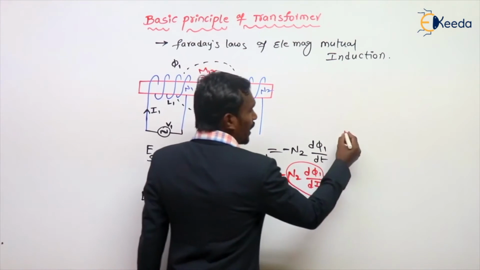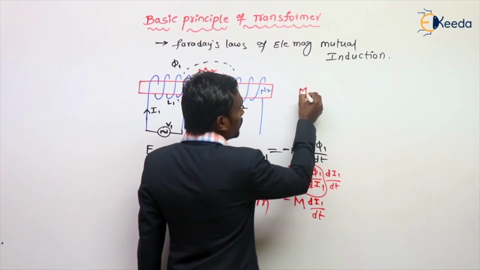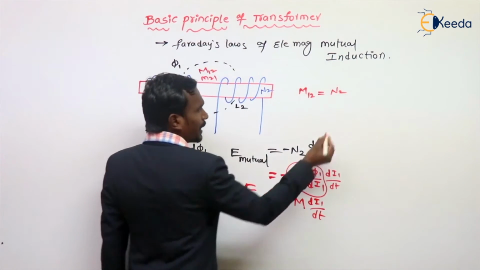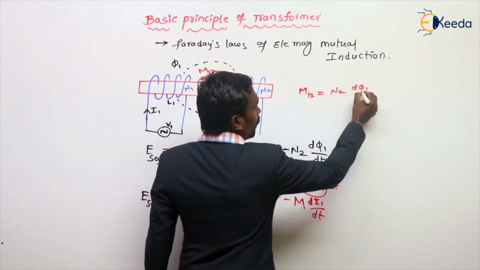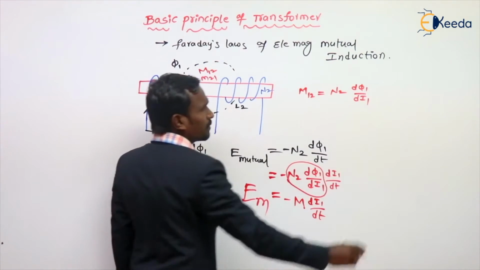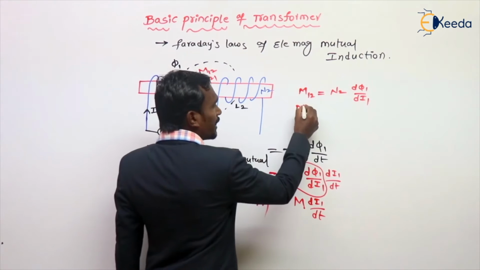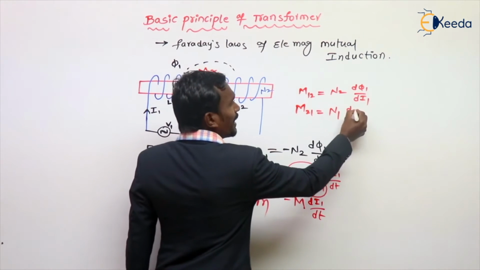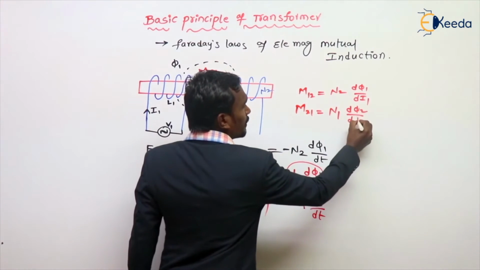If you write this, M12 is equal to N2 phi1 upon I1. If you want M21, M21 is equal to N1 d phi2 upon di2.